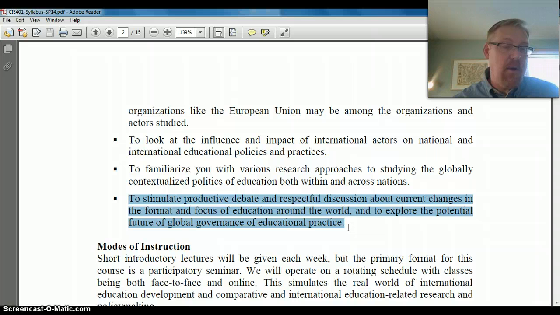Not that it's not okay to agree, of course it is, but I want you to critically think about every bit of information that's coming at you so that you can make your own decisions and you can create your own framework.